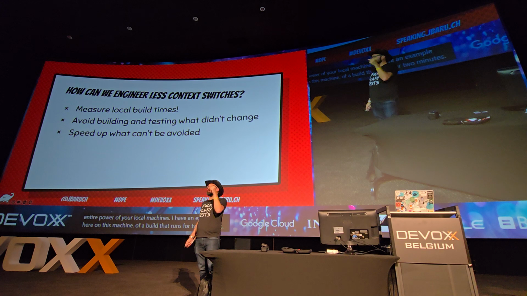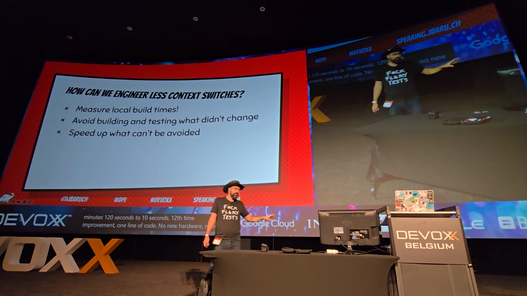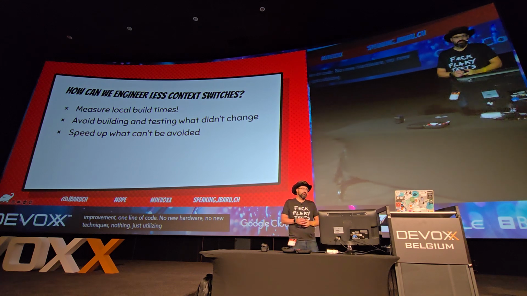I change one line of code in my build, and that is to use all the available cores. And the build goes from 2 minutes, 120 seconds, to 10 seconds. A 12 times improvement, one line of code, no new hardware, no new techniques, nothing. Just utilizing the entire power of this machine.